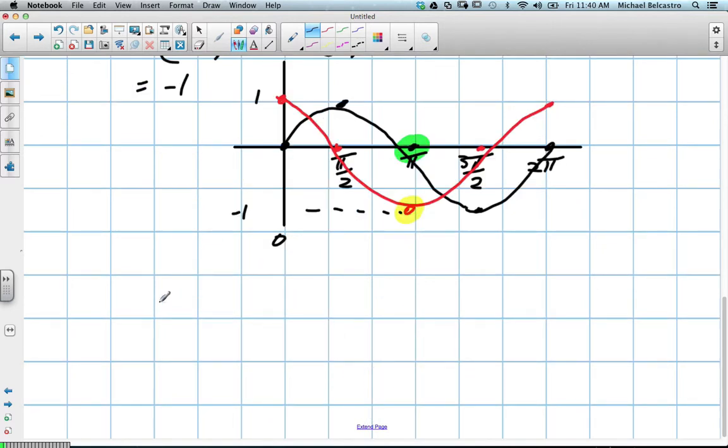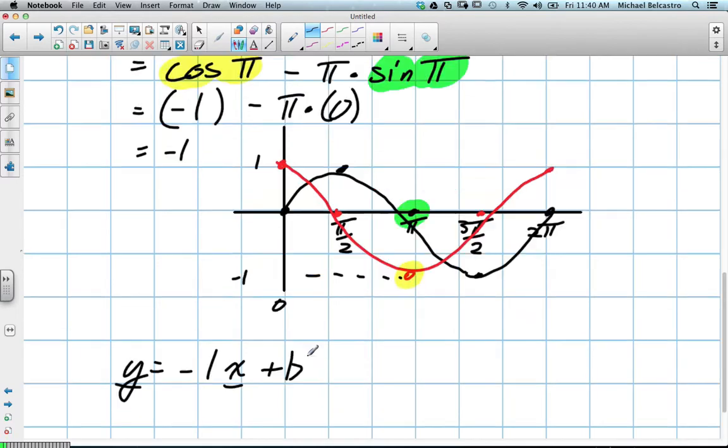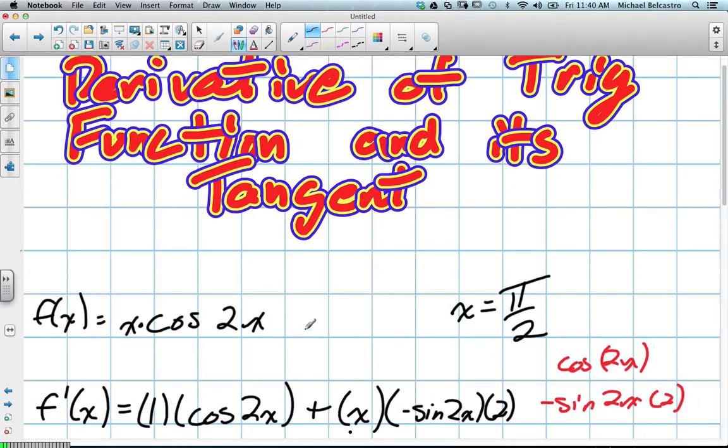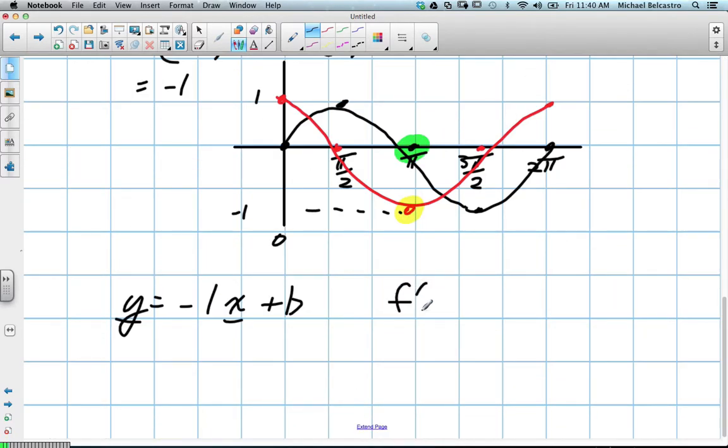So if we're looking for the line of the tangent, y is equal to negative 1x plus b, we need to have a y and an x value. So we'll take our original equation, which is x cos 2x. We know our x value was pi over 2, so we need to find a y value.